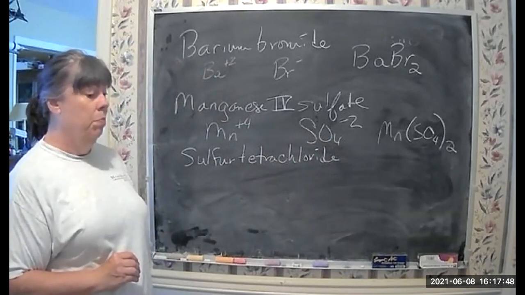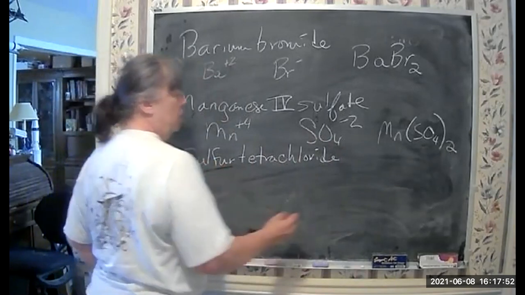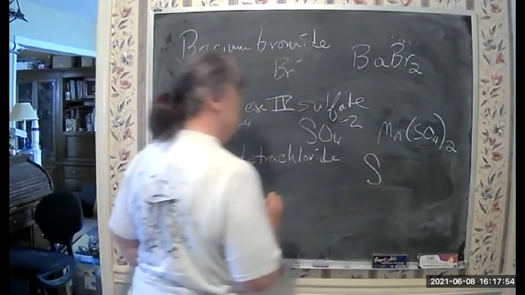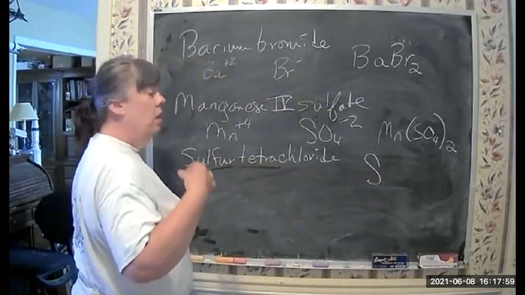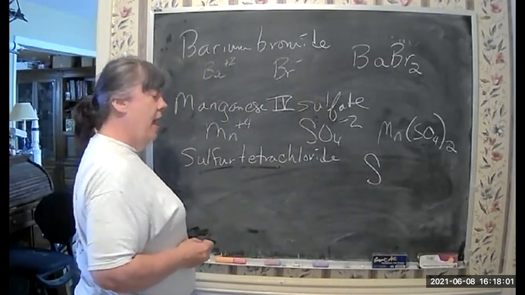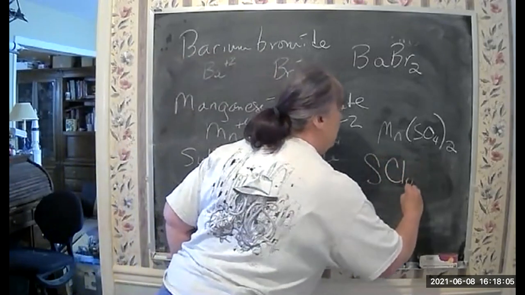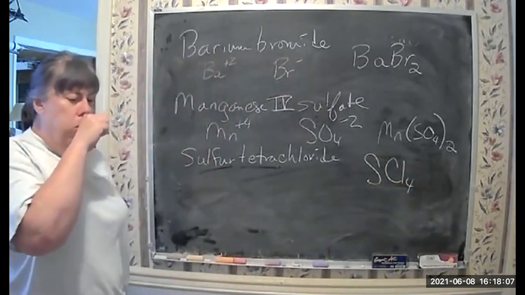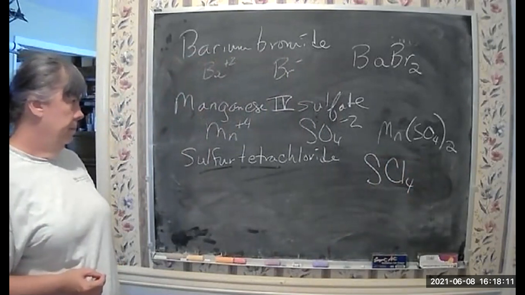We just have to worry about the prefixes. So sulfur, I'm going to have a single S, but tetra is my indication that I have 4. So I am going to have SCl4, excuse me, as my molecule for that.